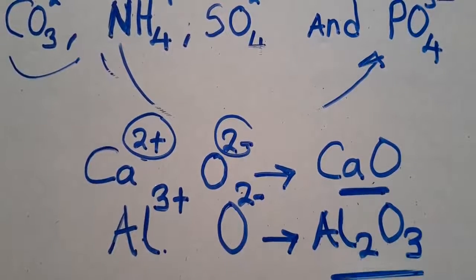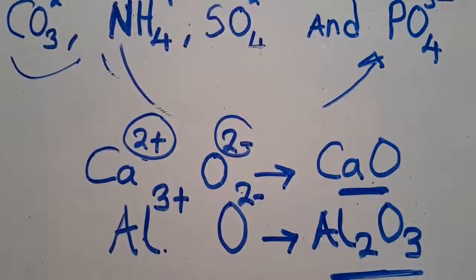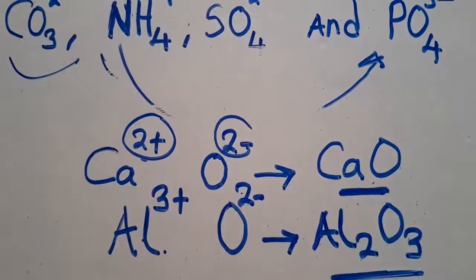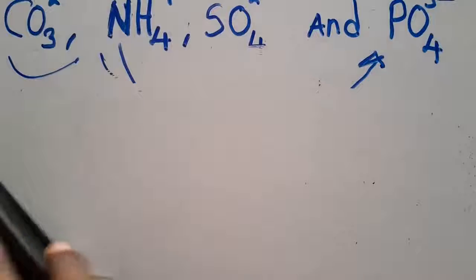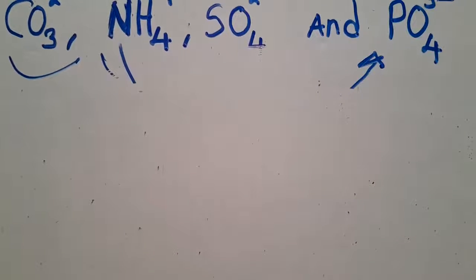So this is what we call aluminium oxide. Have you seen the same way I've written? This is how you also need to write them. So hope this has helped you recall how to come up with the chemical formulas. Hope you've understood. Hope you've seen how these things come up.